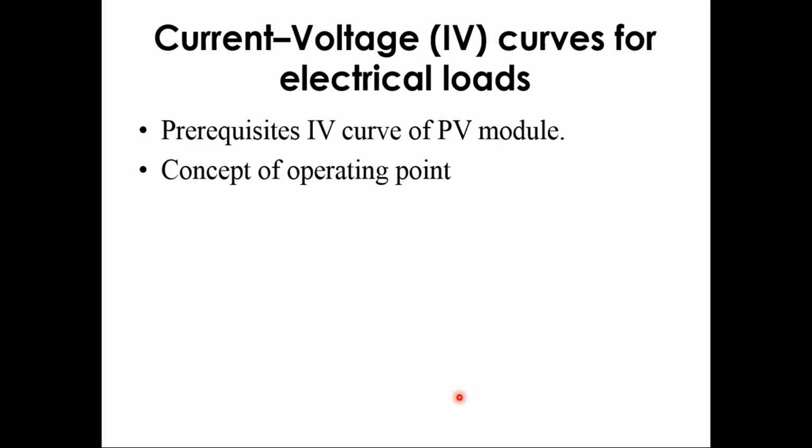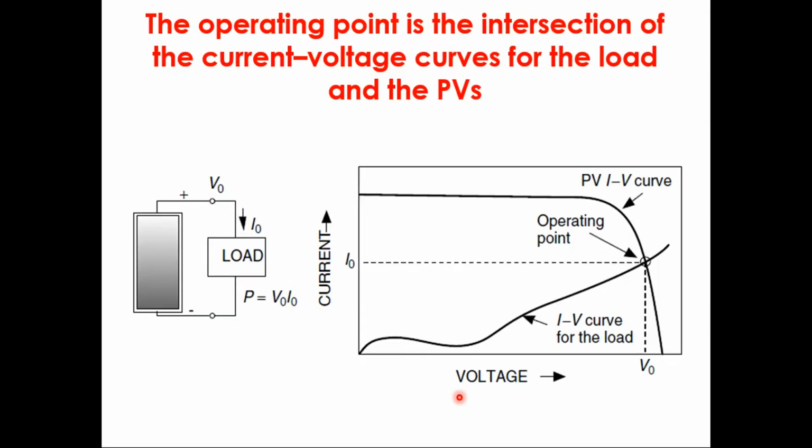Usually we have the IV curve with us. If we connect the load, there is also an individual IV curve of the load. If you plot both IV curves on the same graph, the point at which the IV curve of the load intersects the IV curve of the PV module is known as the operating point of the load.